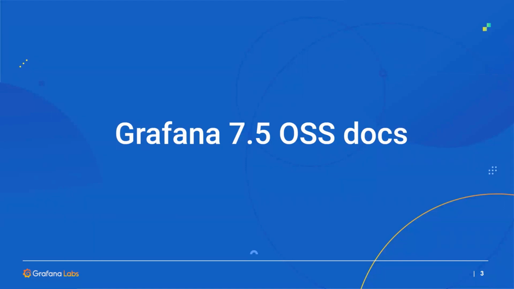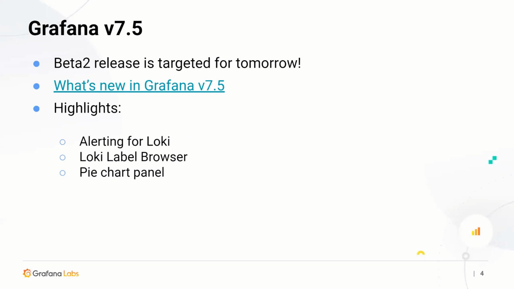All right, Gita, please introduce yourself and tell us about what you've been up to with Grafana 7.5 OSS docs. Thanks, Diana. Hi, everyone. I'm Gita Chatterjee. I live in Boston, Massachusetts, and I'm the lead Grafana OSS writer.